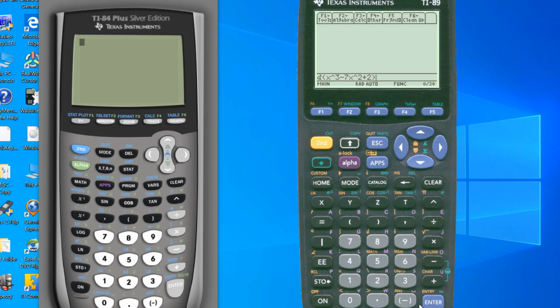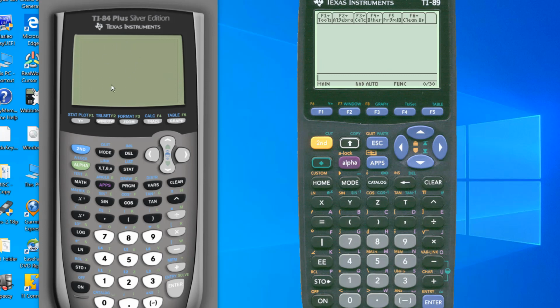If I close it here, it doesn't give it to me. So again, in this one, you have to indicate what variable you're using. Put a comma here and then an x. And there you have it. The derivative of x cubed minus 7x squared plus 2 is 3x squared minus 14x. Okay, so this is a real nice calculator because you can get symbolic answers, unlike the other one.